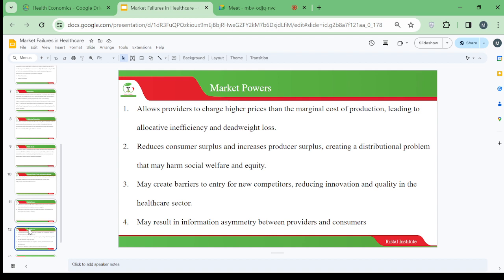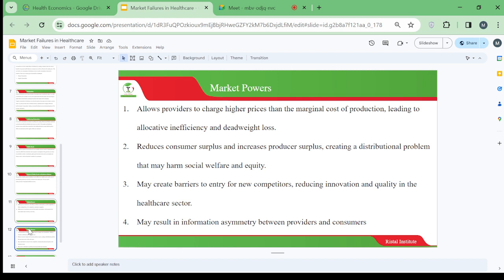And then market power also reduces consumer surplus and increases producer surplus, creating a distributional problem that may harm social welfare and equity.